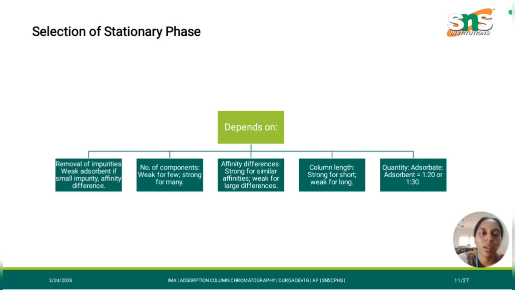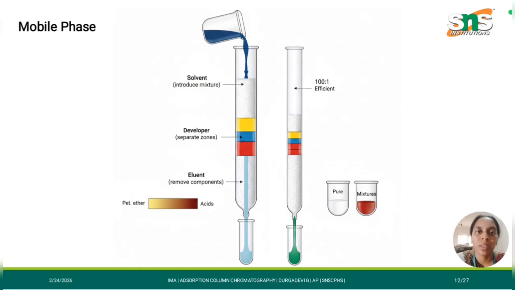Regarding affinity differences among the sample mixture, if they have similar affinities, we can go for a strong adsorbent, and if they have larger differences in affinity, we can choose a weak adsorbent. The column length depends on the adsorbent: if a strong adsorbent is used, we can use a short column, and if we use a weak adsorbent, we can use a longer column. The quantity of adsorbate versus adsorbent is 1:20 or 1:30.